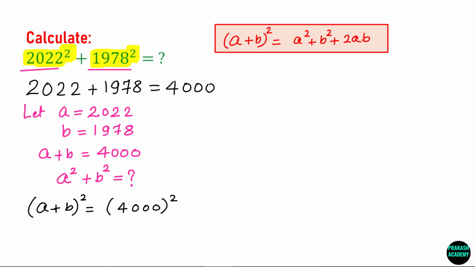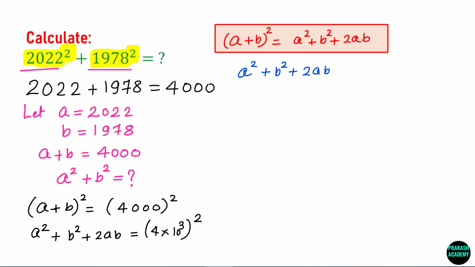On the left hand side it will be A square plus B square plus 2AB, and on the right hand side you can write 4 into 10 to the power 3, whole square.